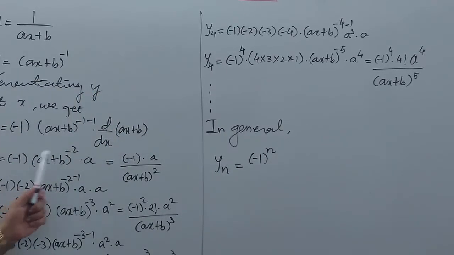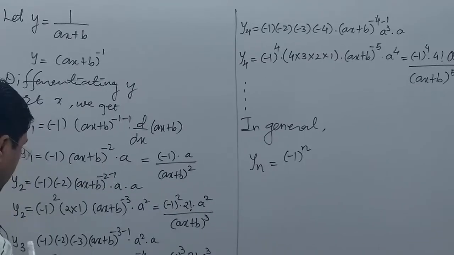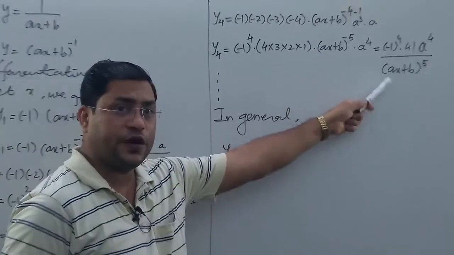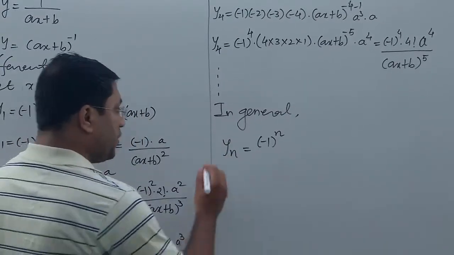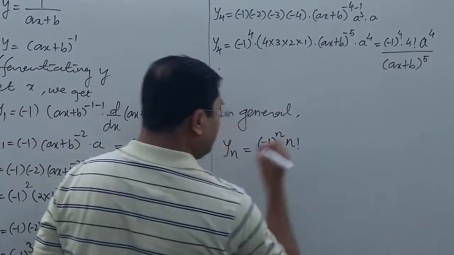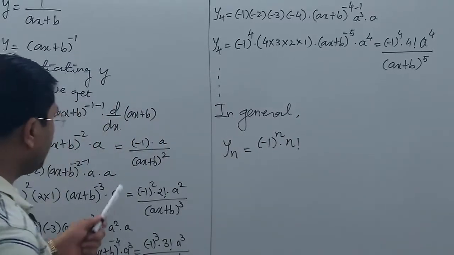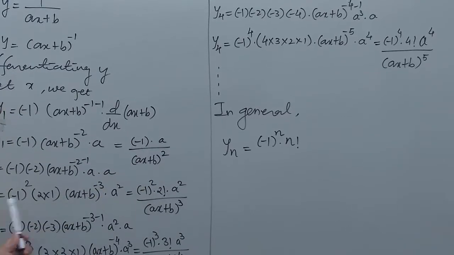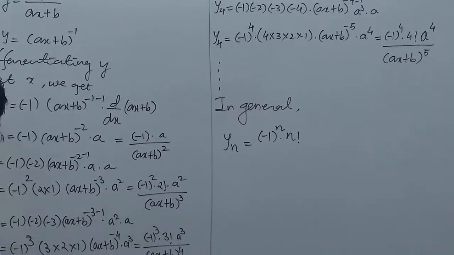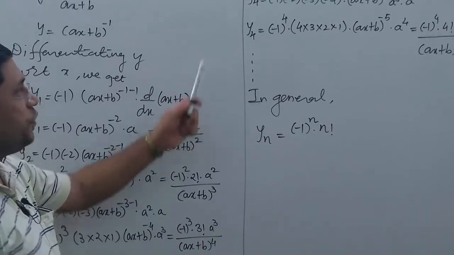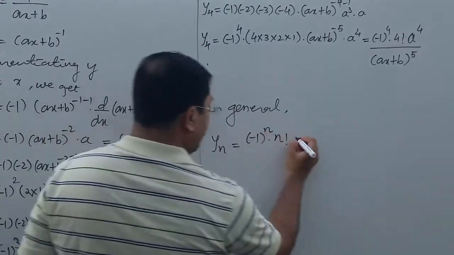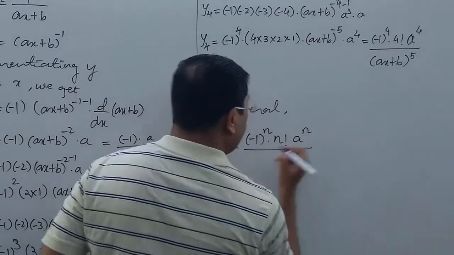For the first derivative we have 1 factorial, then 2 factorial, 3 factorial, 4 factorial, so for the nth derivative we get n factorial. For the numerator, we got a, a squared, a cubed, a raised to 4, and hence for the nth derivative we get a raised to n.